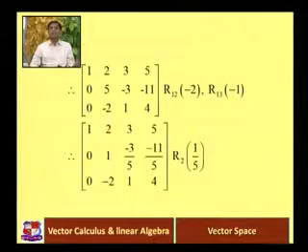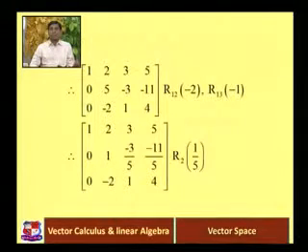Now the next process. In the second row, what is the leading entry? In the second row it is 5. So we have to make that one 1. We multiply the second row by 1/5. So (1, 2, 3 | 5), (0, 1, -3/5 | -11/5), and the third row is as it is, (0, -2, 1 | 4).